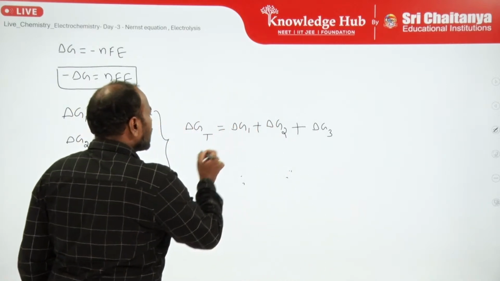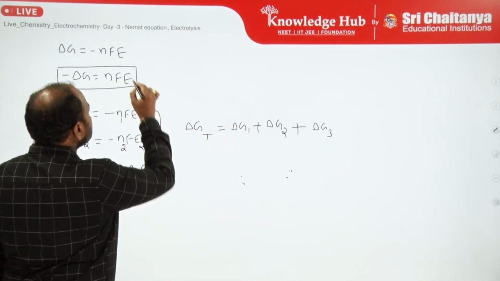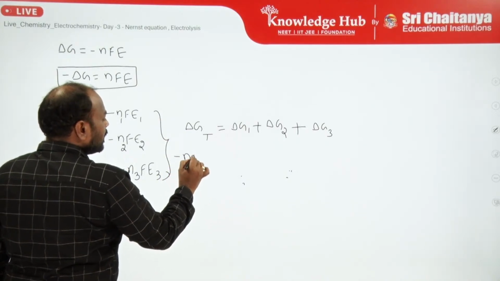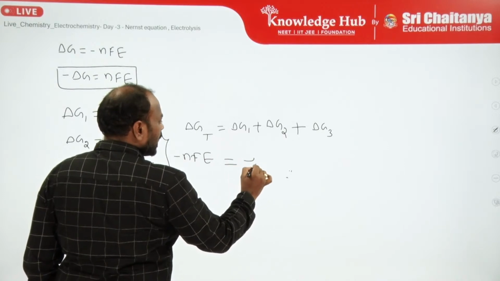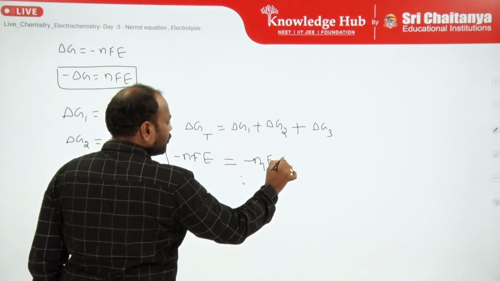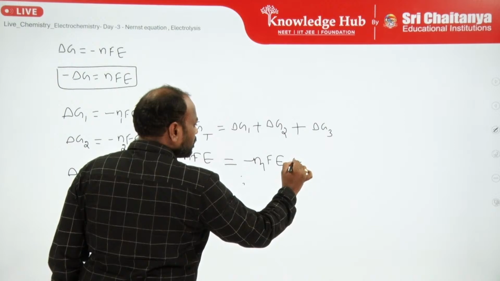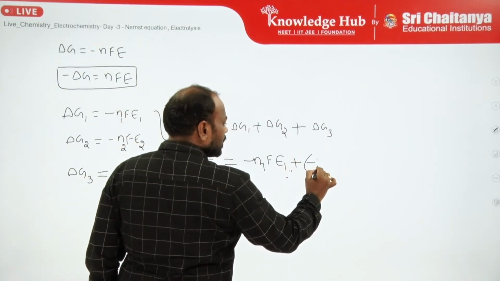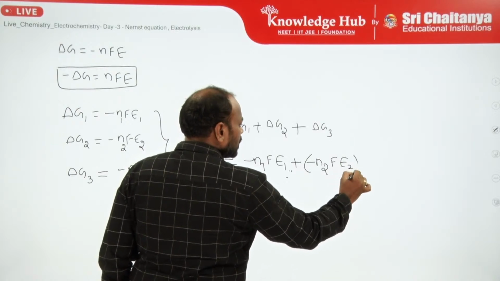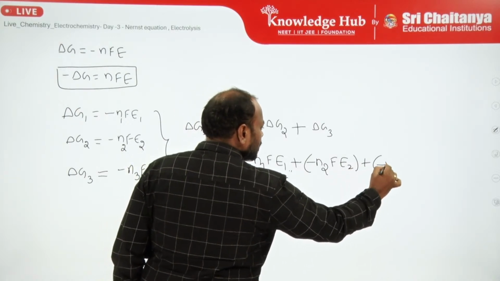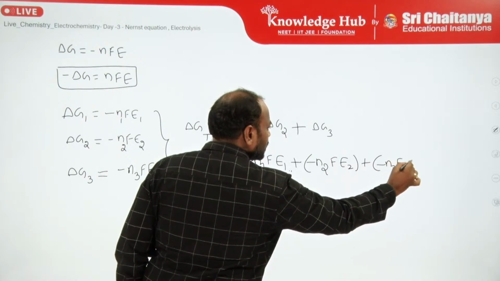Substituting, delta G total equals minus nFE equals minus n1FE1 plus minus n2FE2 plus minus n3FE3.